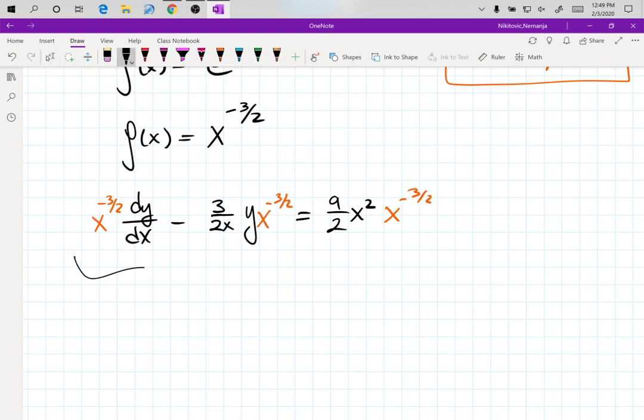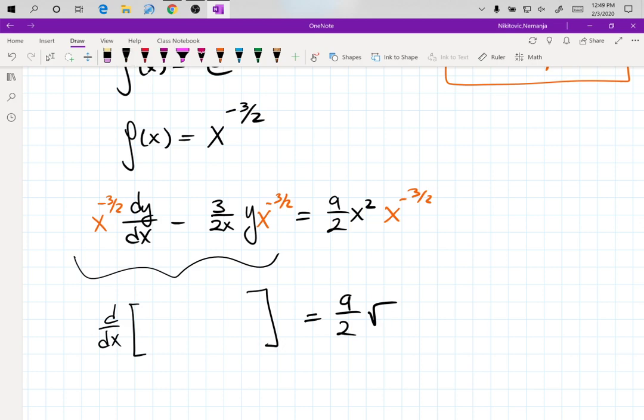Over here, we have to condense all of this into a derivative. On the right-hand side, we just have 2 minus 3/2, which is x to a half, so 9/2 root x, because 2 is 4/2, 4/2 minus 3/2 is 1/2, so that's root x.